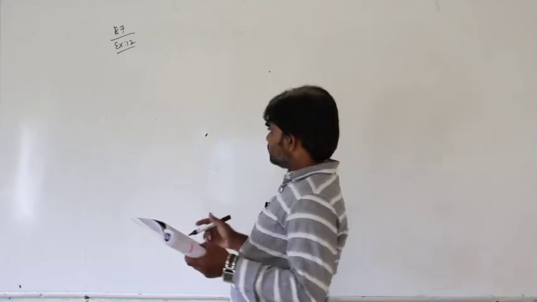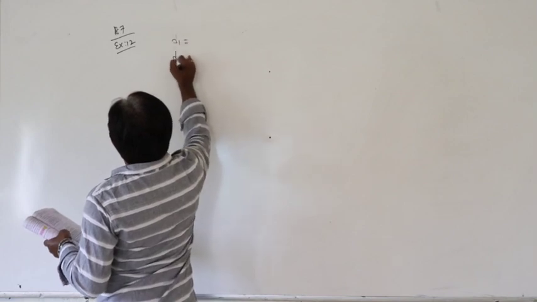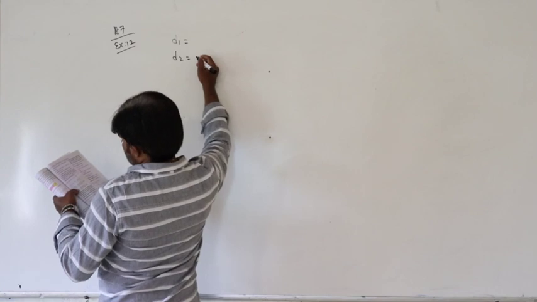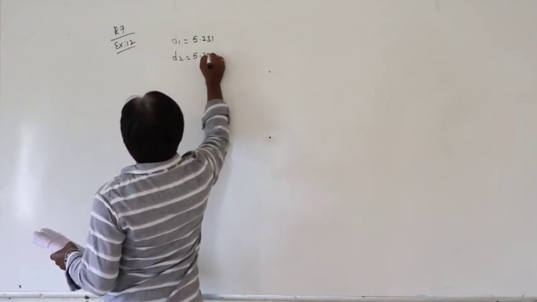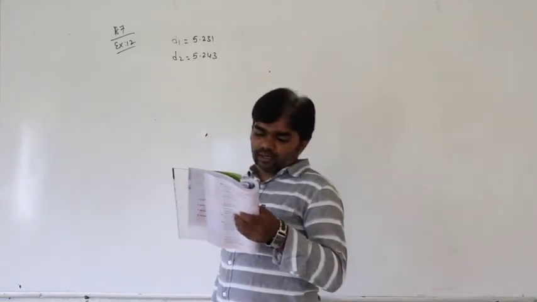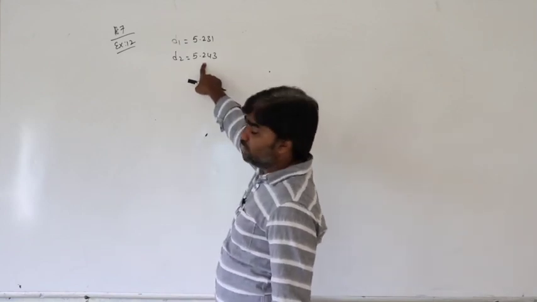Initially, the diameters, let us say D1 and D2. D1 is 5.231 and D2 is 5.243.